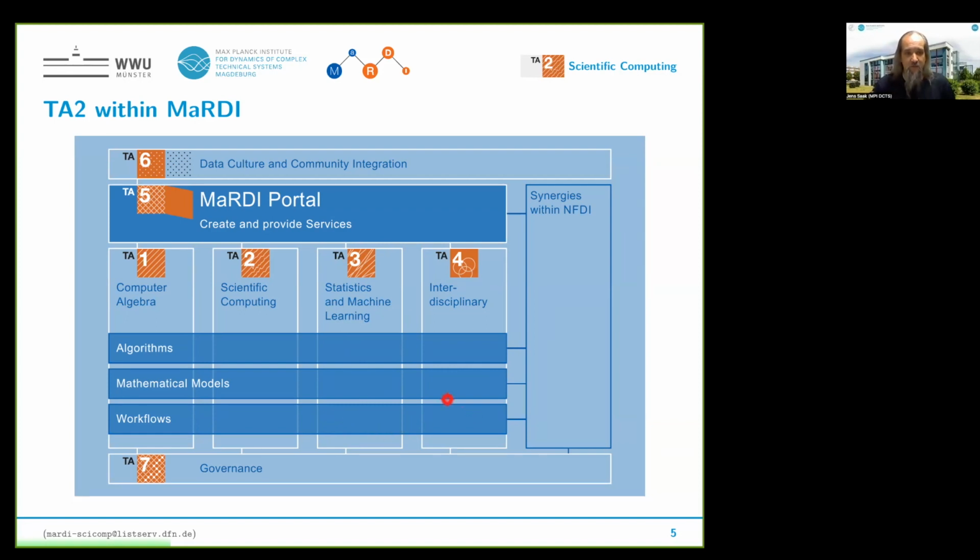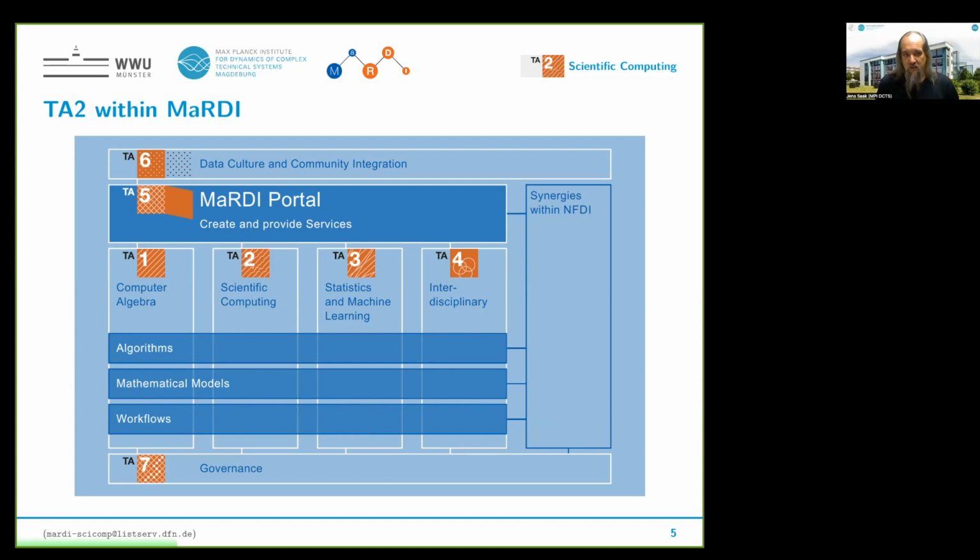And obviously, there's a lot that these task areas still have in common, although the data types are possibly very different. But all of them somehow deal with algorithms of the one type or the other. Somehow mathematical models in terms of equations describing phenomena are involved.